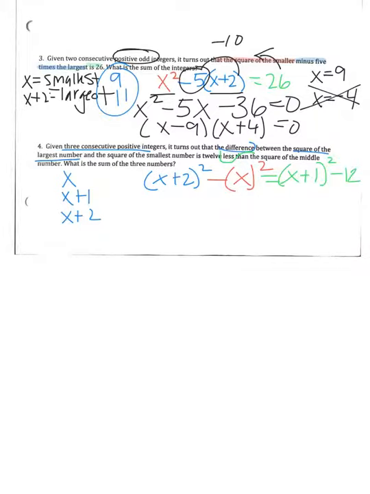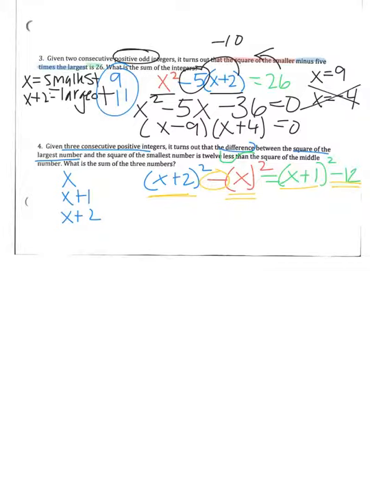So this is big. If you look at it and read it again, the difference of, there's your subtraction, the square of the largest and the smallest is equal to 12 less than the square of the middle.